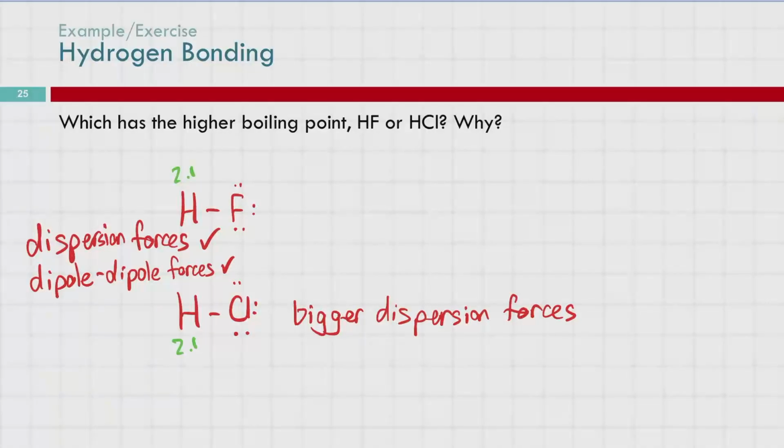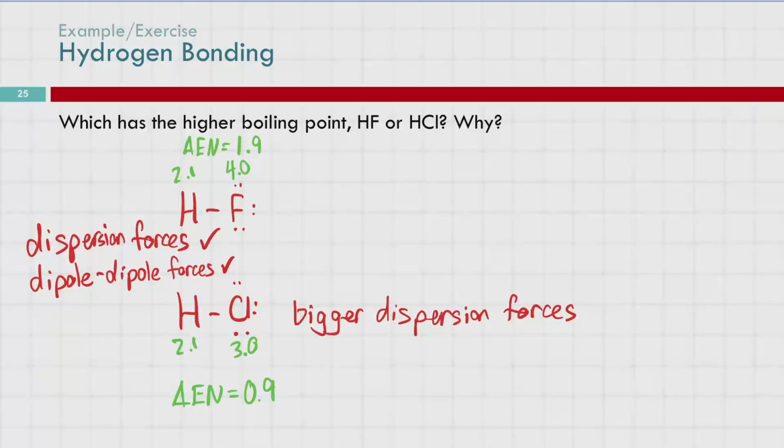You can also look up a table of electronegativity values. Fluorine's the one that we should know. It's 4.0. Chlorine has a 3.0. So if we're looking at our differences in electronegativity, we've got a value of 1.9 for HF. We've got a value of 0.9 for HCl.